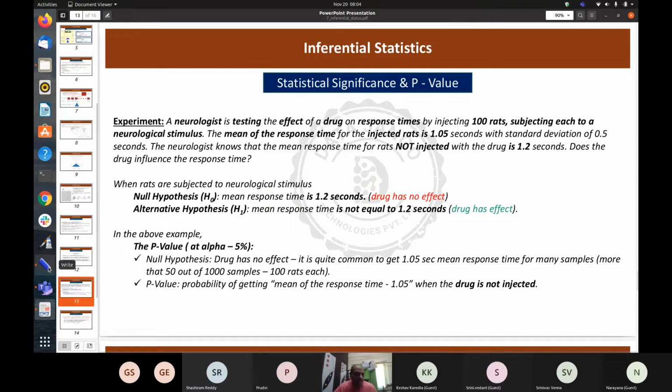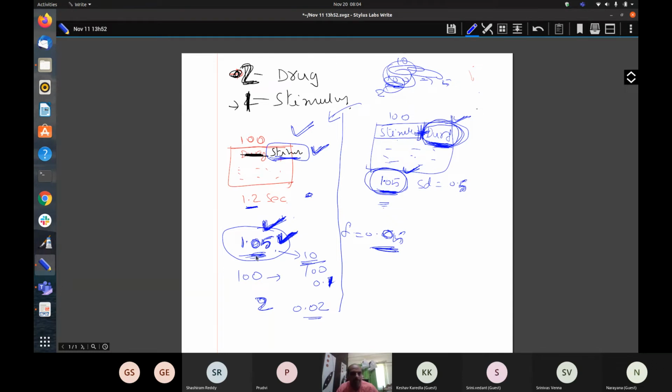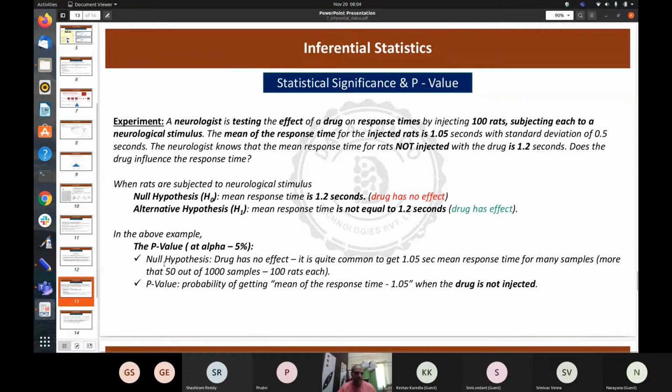Now we need to calculate the p-value. What is the p-value? Out of 100 times, how many times are you getting 1.05 seconds in the known situation, the null hypothesis situation? How to calculate that? Under the null hypothesis, the drug has no effect.